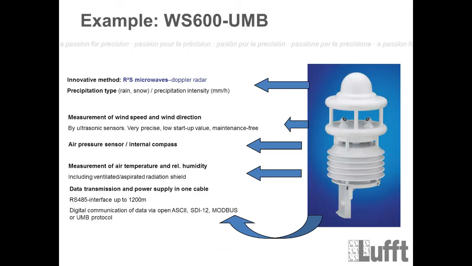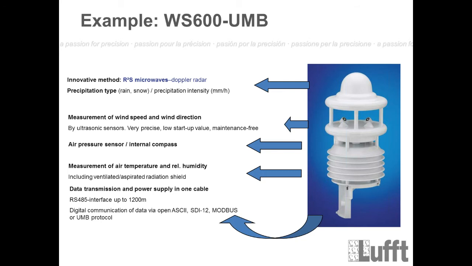For the temperature we use an NTC, which is a resistor which changes its value depending on the outside temperature. And for the humidity we use a capacitive sensor element which changes its capacity depending on the humidity outside.